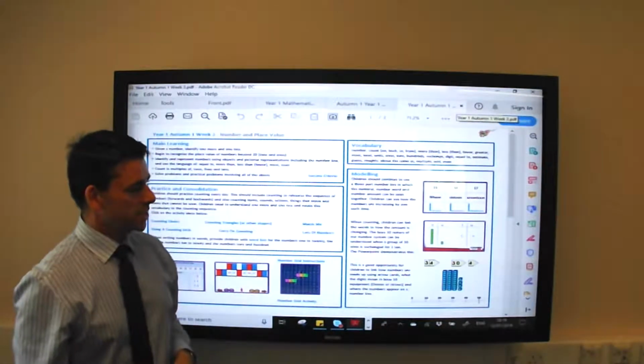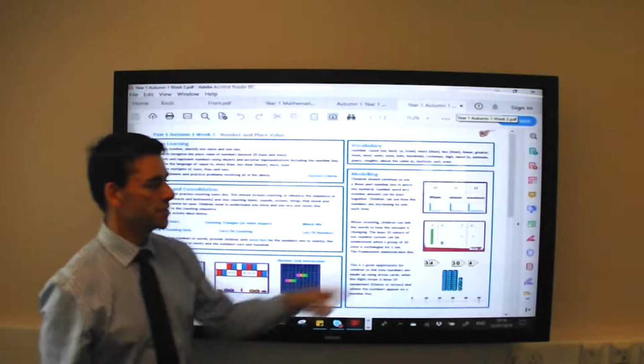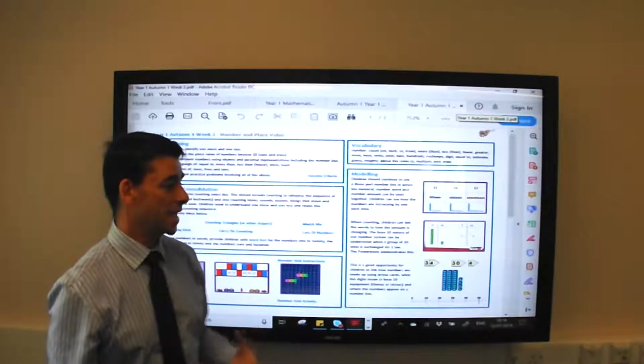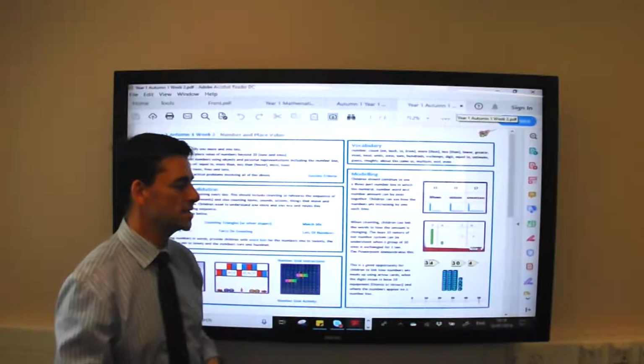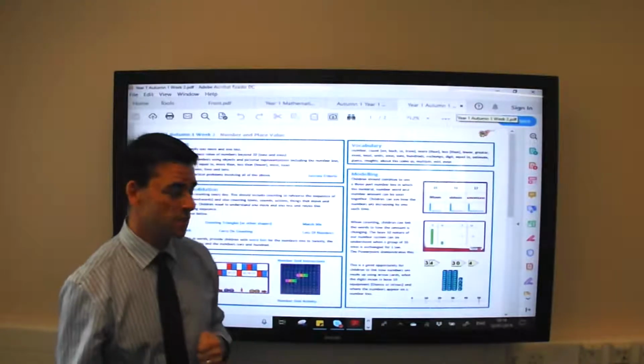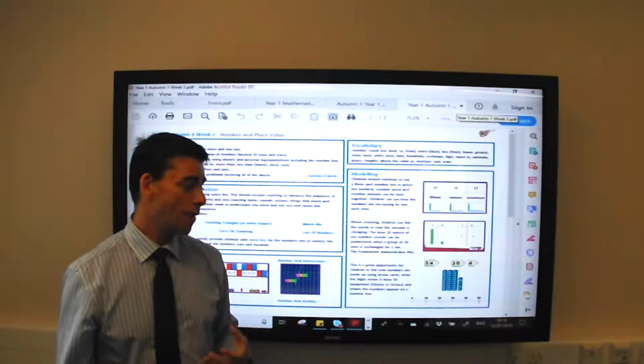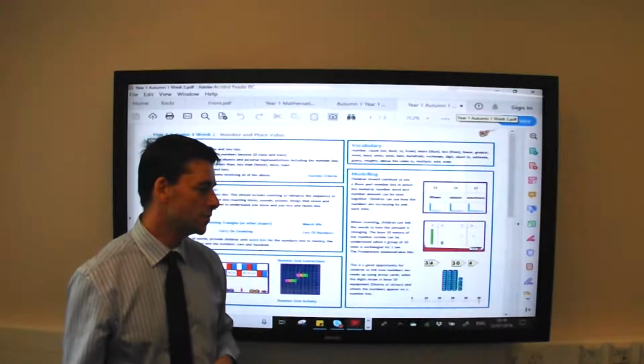Back into the modelling section, we've got other resources. So this one is a PowerPoint resource that models the counting process and that grouping in tens that I talked about. And we've also got this, which isn't interactive, but it is just giving teachers an idea of how numbers should be represented with children.